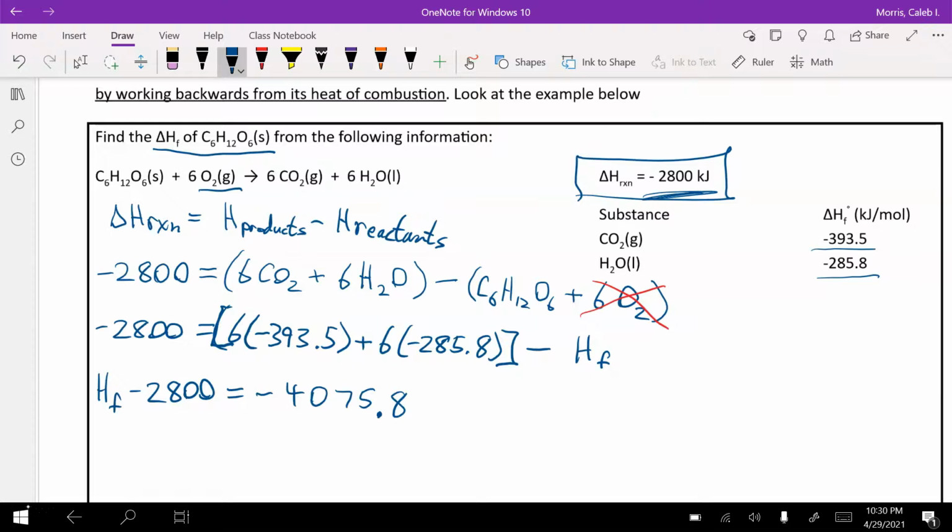So if I actually wanted to figure out what heat of formation is, I've got to add 2,800 to both sides.